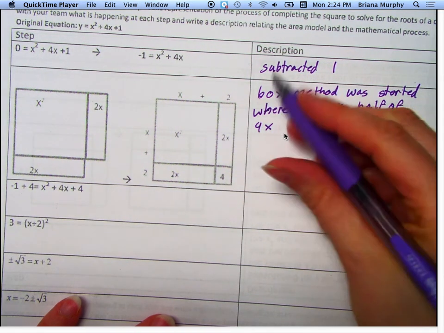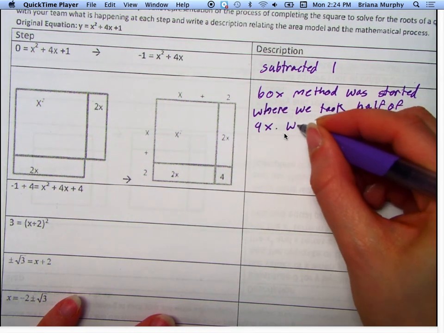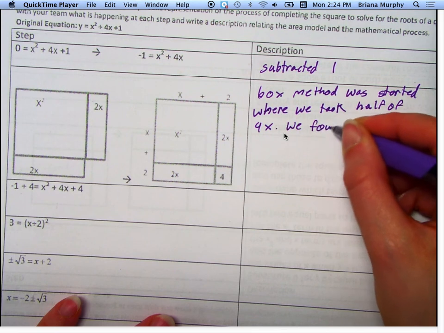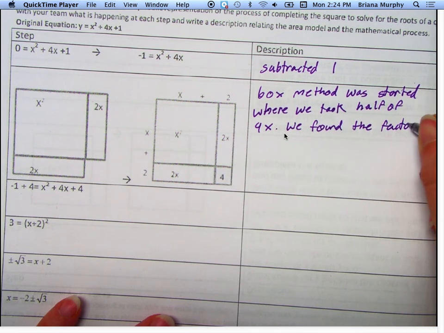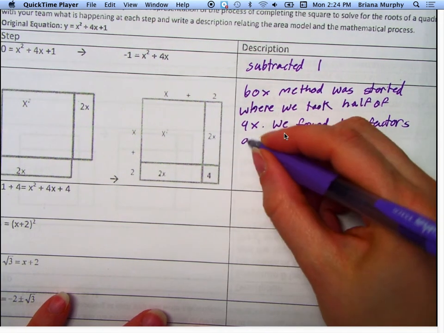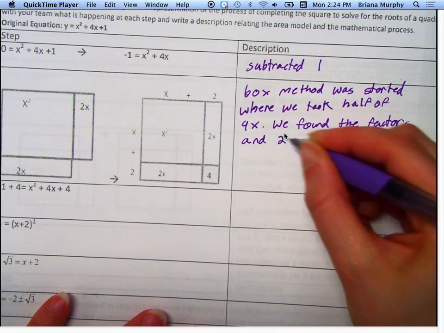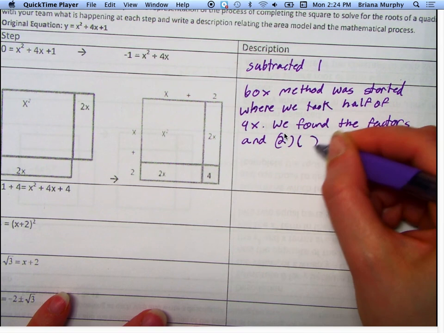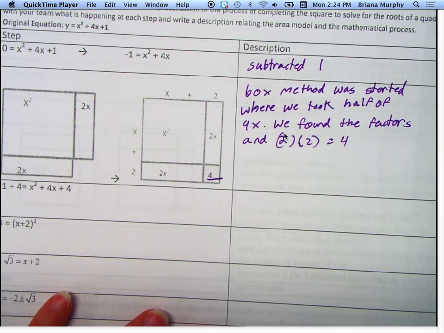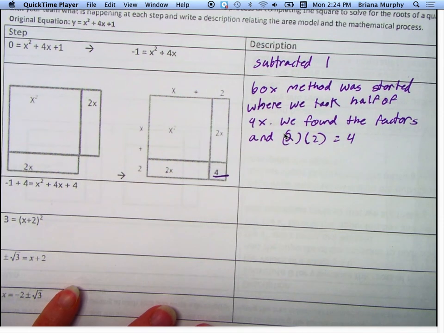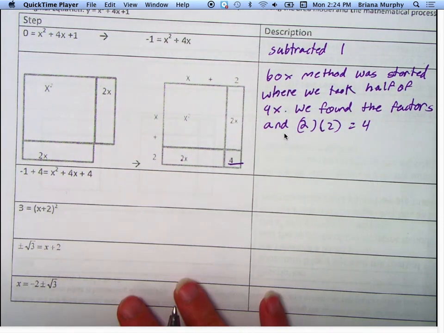Okay. We found the factors. And 2 times 2 gave us 4. That's where we put it right there in the bottom. Okay.